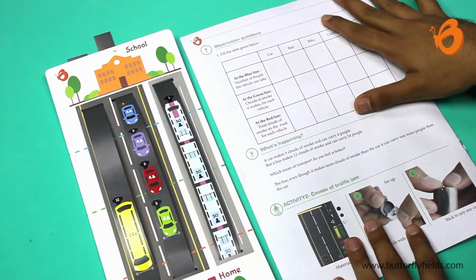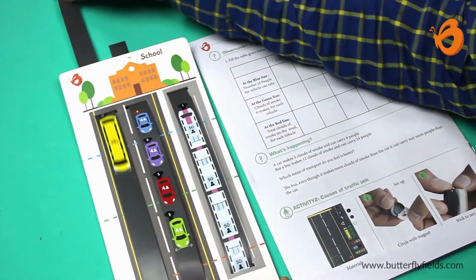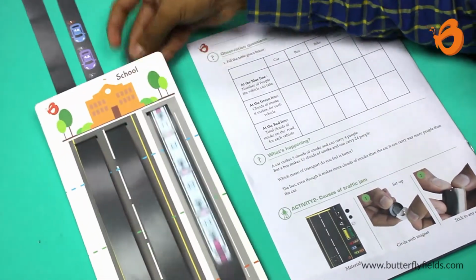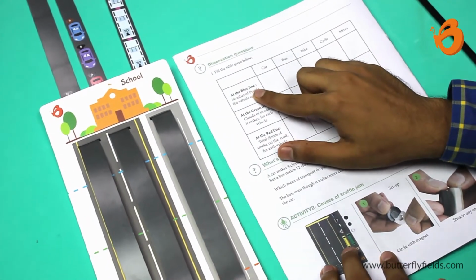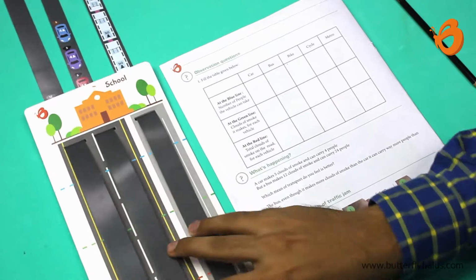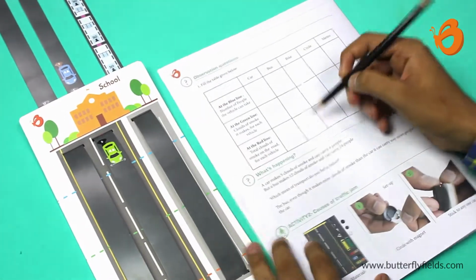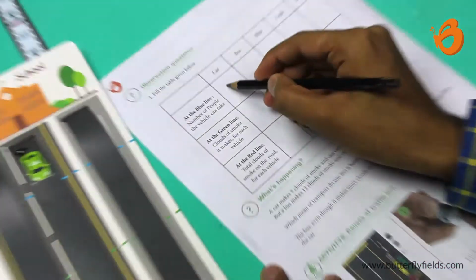Okay, now let's fill the observation questions in the workbook given to us. Let's take all these vehicles behind. Let's start off by filling what happens at the blue line. So let's pull the car ahead. Okay, so the number of people the vehicle can take, that's the car, is 4.